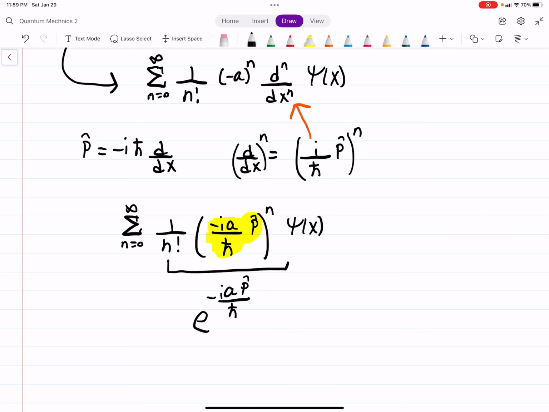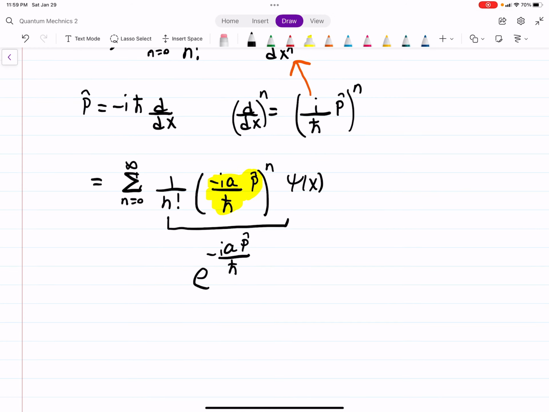And that's why we can ultimately say that our translation operator is e to the minus i a p hat over h bar.